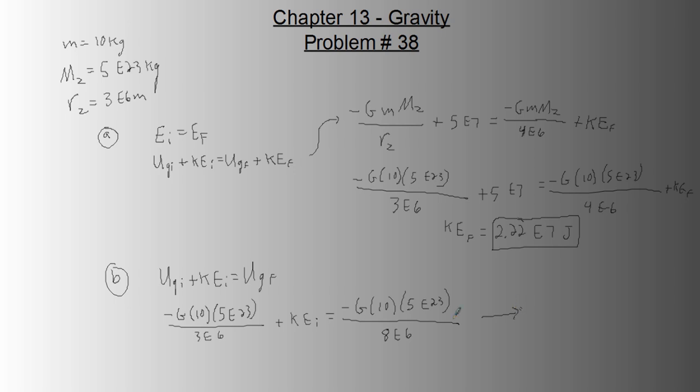So solve for KEI and you get 6.95 times 10 to the 7 joules. A good bit more than what we had in this case.